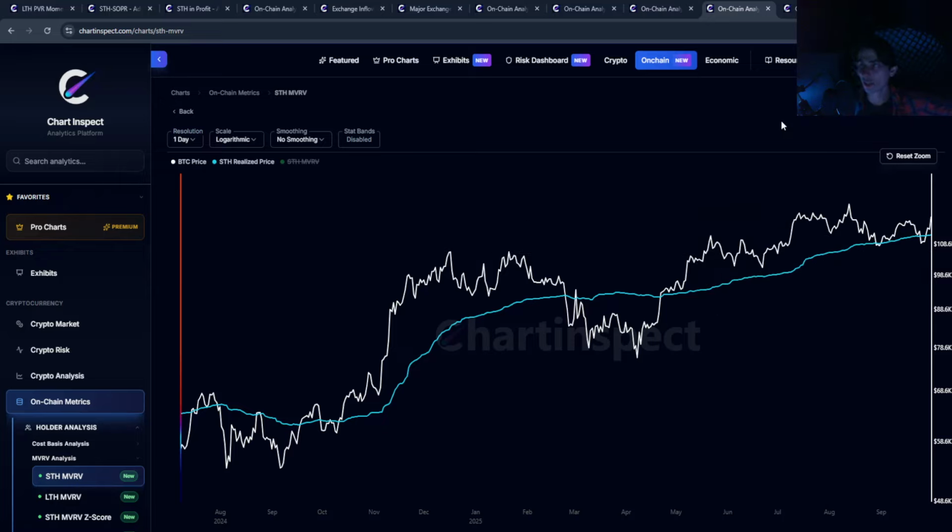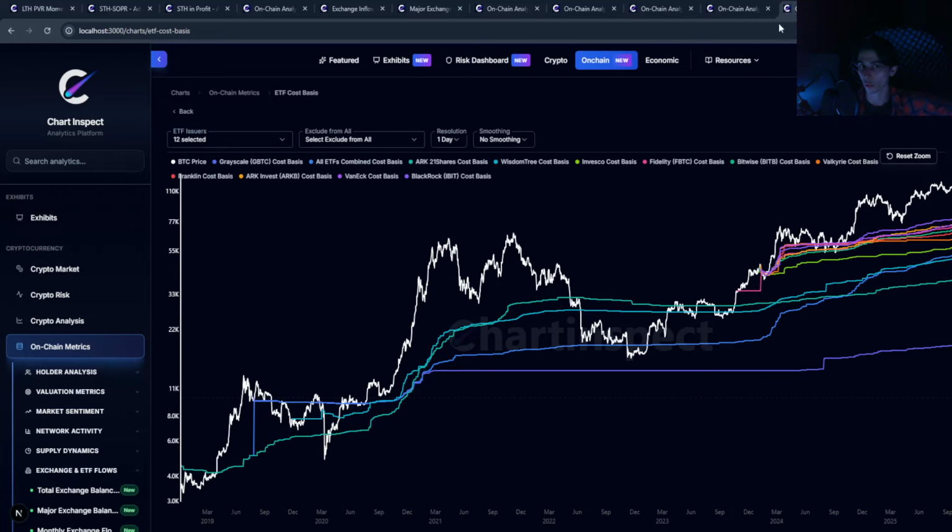And this level of 60, 70, 80K is, in my opinion, a pretty important level. There was a ton of supply accumulated at those levels. MicroStrategy's average cost basis is around 77K, and there's a lot of ETF cost basis and institutional buying. If we test these levels, we're pretty much testing a lot of people's conviction.